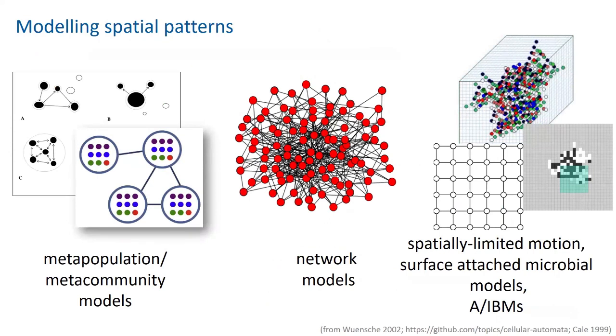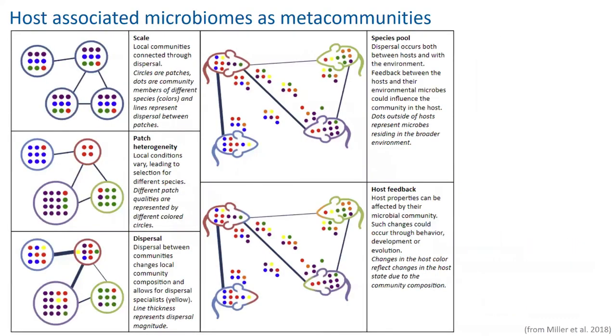When we want to consider spatial patterns, there are different tools, of course, not just individual-based models, but you can think of metapopulation, meta-community models, or different network models. It depends what resolution you want to capture. In the case of host-associated microbiomes, you can have meta-community models.